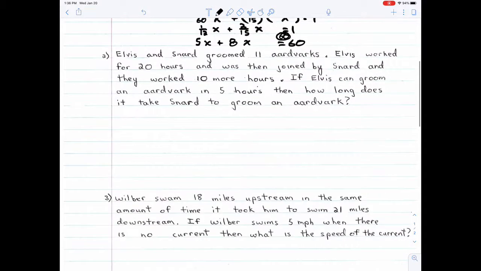Okay, Elvis and Snard groomed 11 aardvarks. Elvis worked for 20 hours and was then joined by Snard, and they worked 10 more hours. If Elvis can groom an aardvark in 5 hours, then how long does it take Snard to groom an aardvark? So we're looking for Snard's time alone.